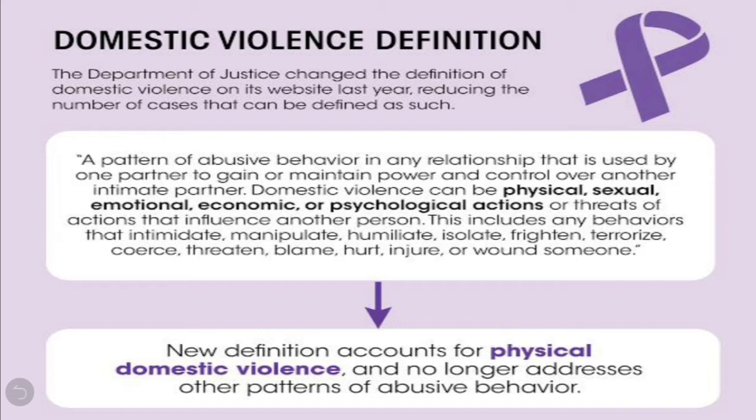So children, in easy terms, we can say that it is gaining or maintaining power and control over another partner, either by beating or abusing or using bad language. So that is domestic violence.